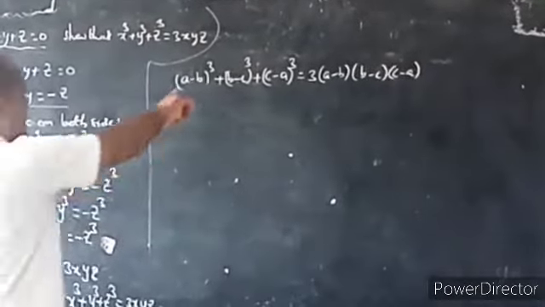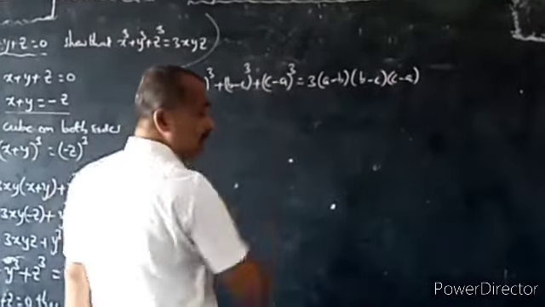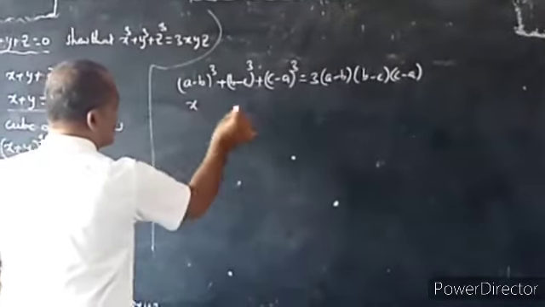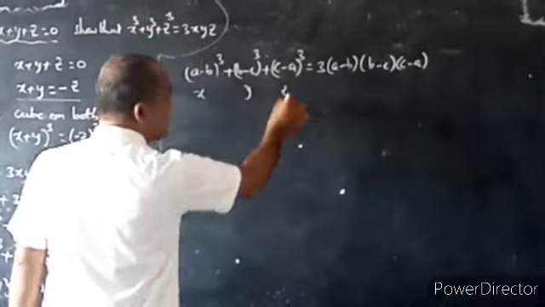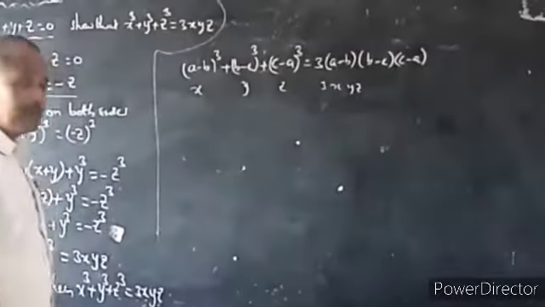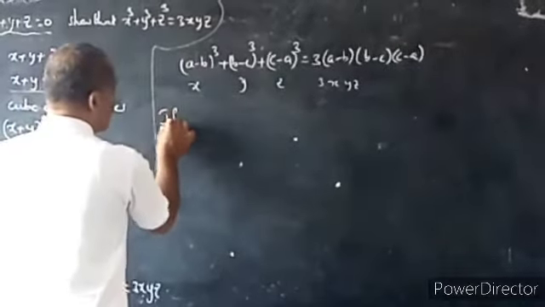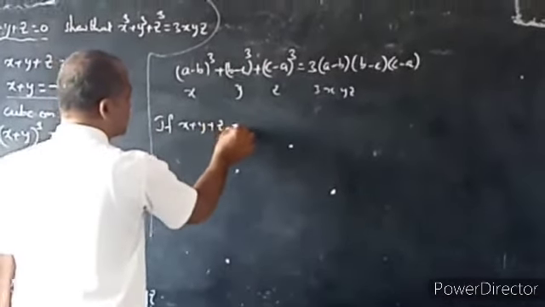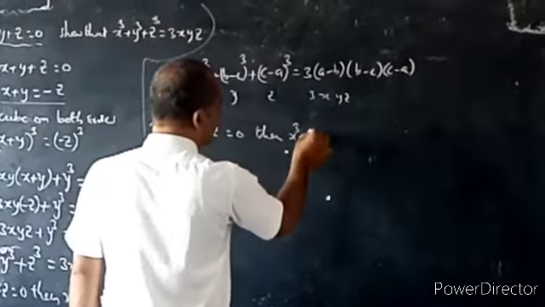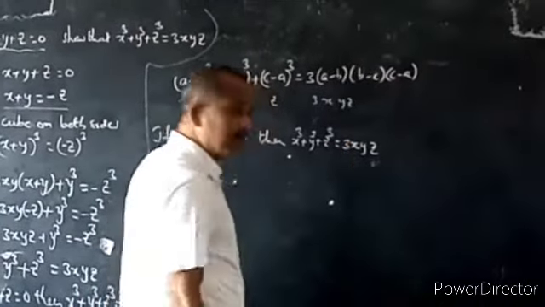According to this identity, it is x, it is y, it is z, and it is 3xyz. If x plus y plus z is equal to 0, then x cube plus y cube plus z cube is equal to 3xyz. Is it clear or not?